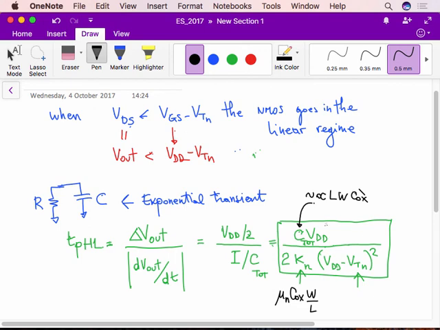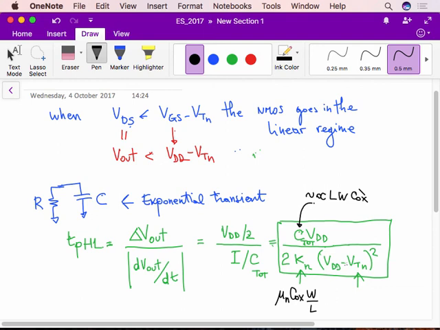The only quantity here that can have an effect that we have not yet mentioned is V_tn, because you see here that if you decrease V_tn, the lower is V_tn, the higher is the denominator, and therefore the smaller is the propagation delay. So one could think that it is possible also to work on V_tn.